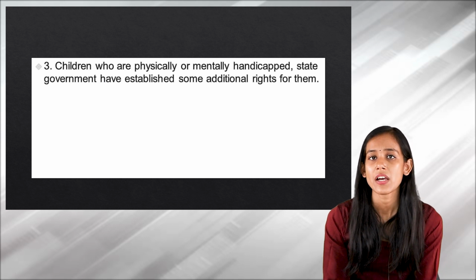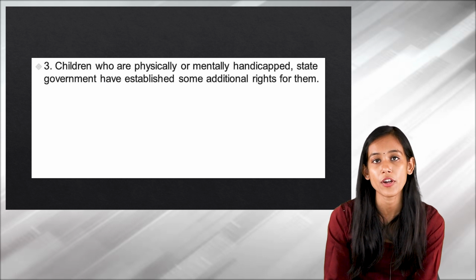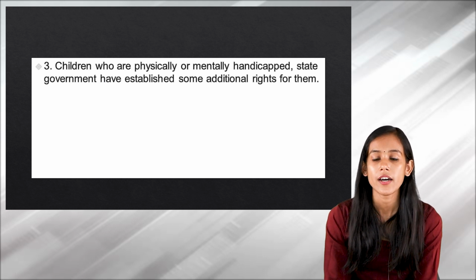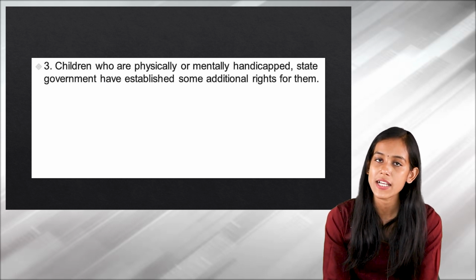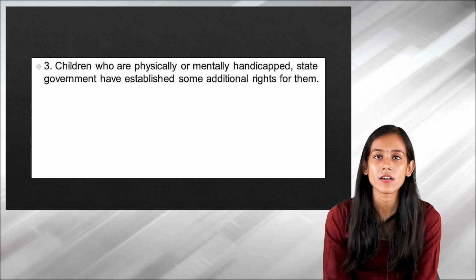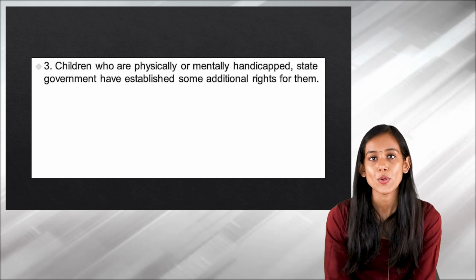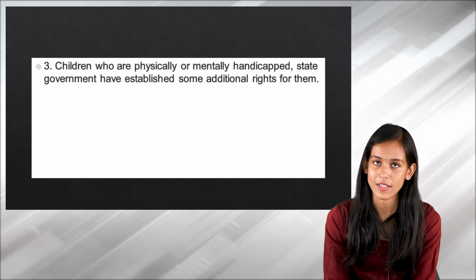So for them, it is their legal right to have equal opportunity for public education, the right to quality medical care, and the right to equal employment opportunity. So these are their legal rights.